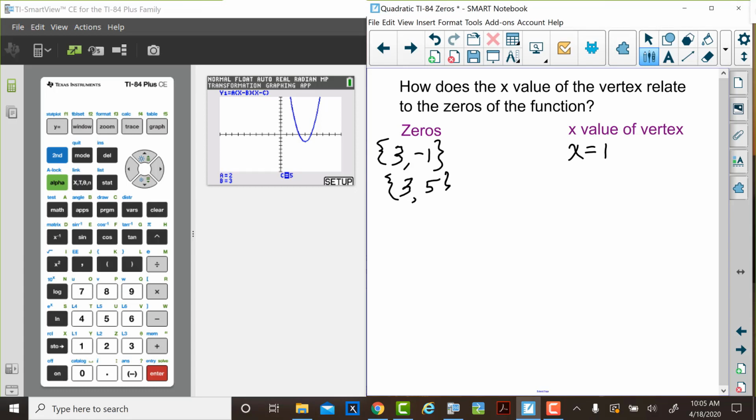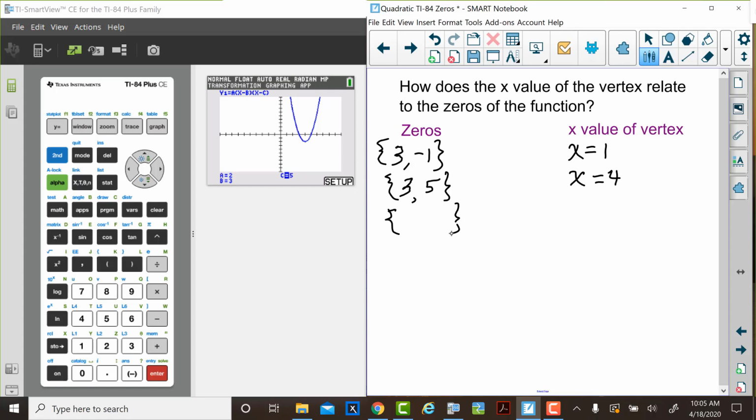Look at the graph and see where you think the location of the vertex would be. It appears that the x value of the vertex is located at 4. As you can see from the tick marks, we have the 3 and 5 as our zeros, and x equals 4 appears to be the x value of the vertex.